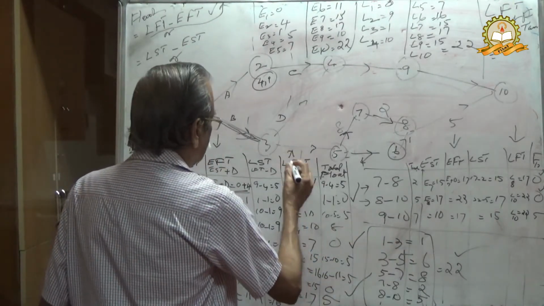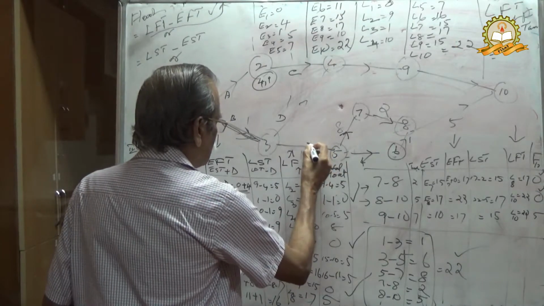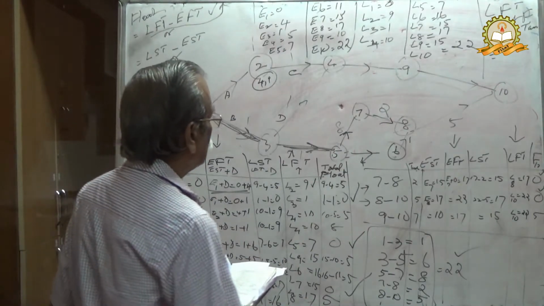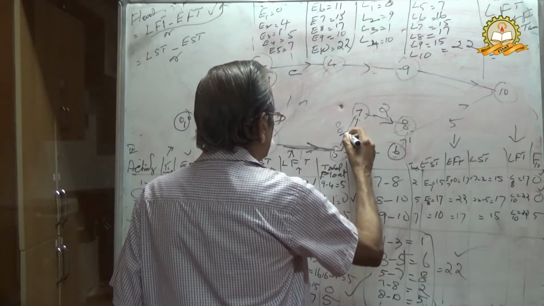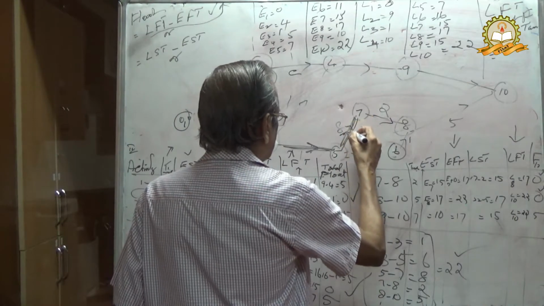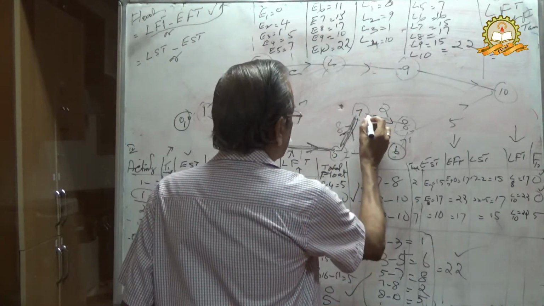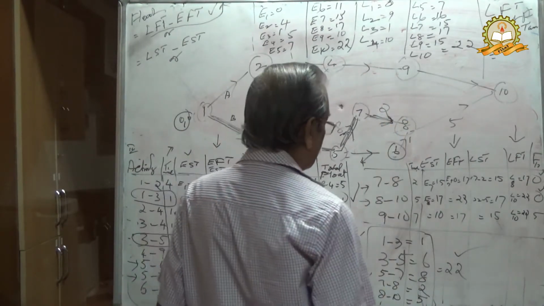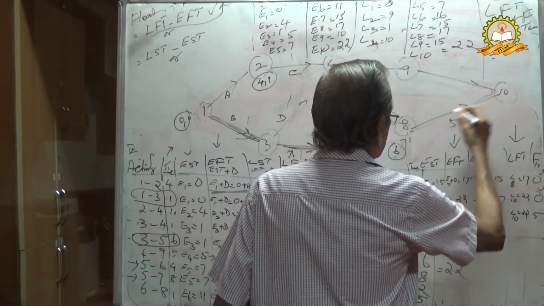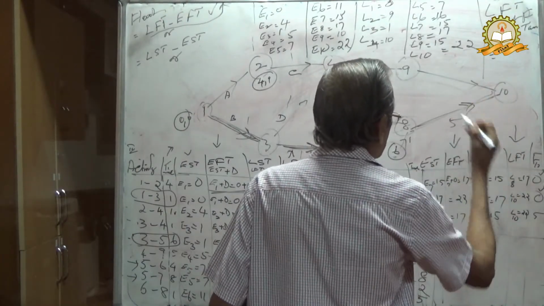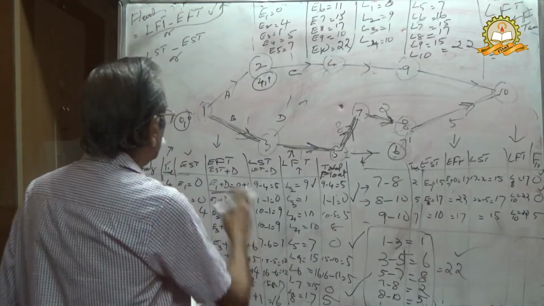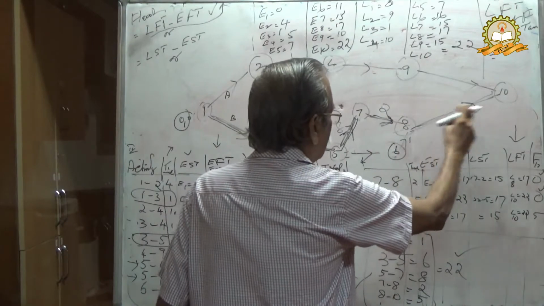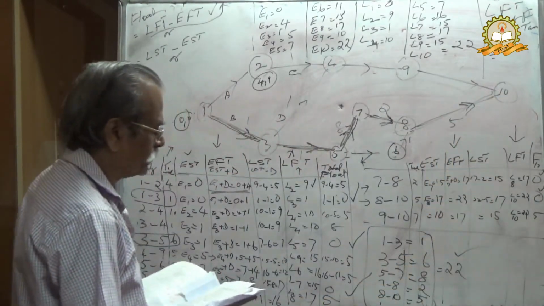Then you have 3 5, darken it, then 5 7, darken it, then 7 8, darken this, then 8 10, again darken this. Therefore, 1 3, 3 5, 5 7, 7 8, 8 10 equal to 22.